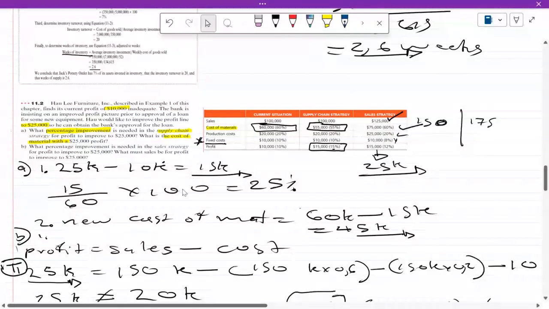Then when I divide that by 60, I get 25%. When I minus that 15K, then I get 45K. Then you make your changes in your calculations, you use that 45K to save. Then you know that you are getting that profit that you want.